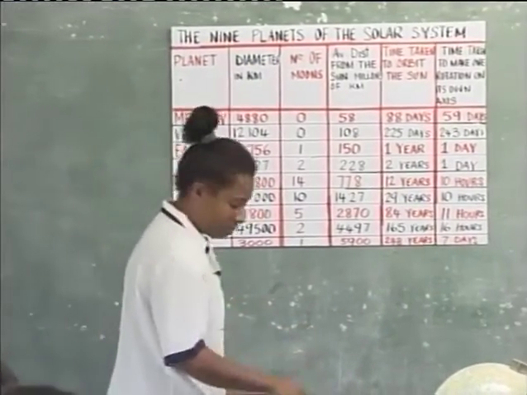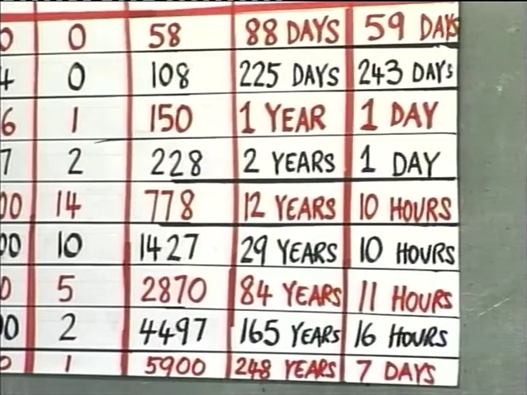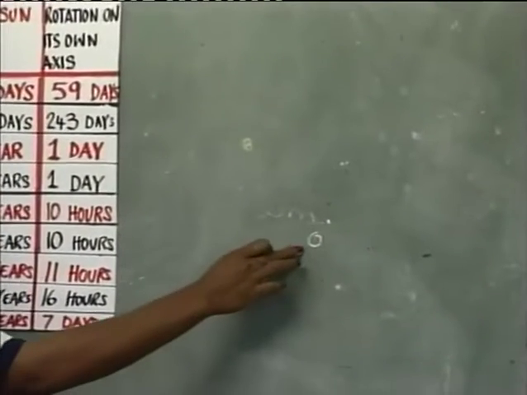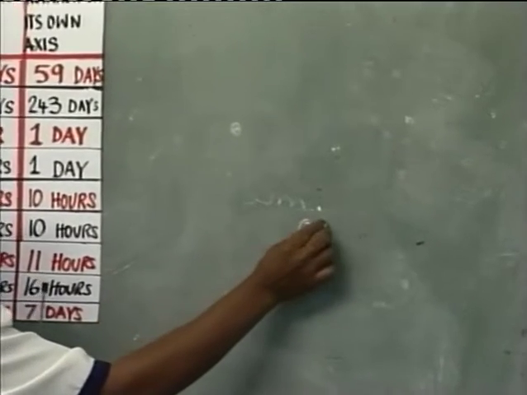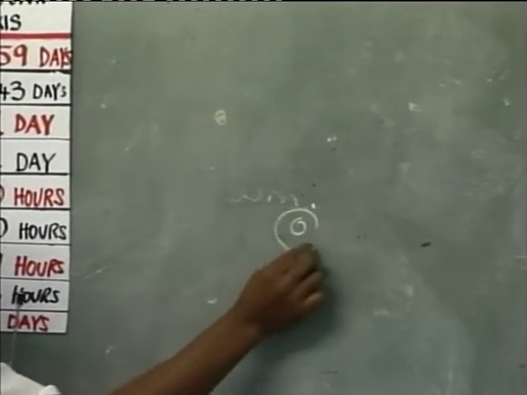If we're looking at the orbiting of the planets around the sun, let's assume that we have the sun here, and the closest planet to the sun will be Mercury.